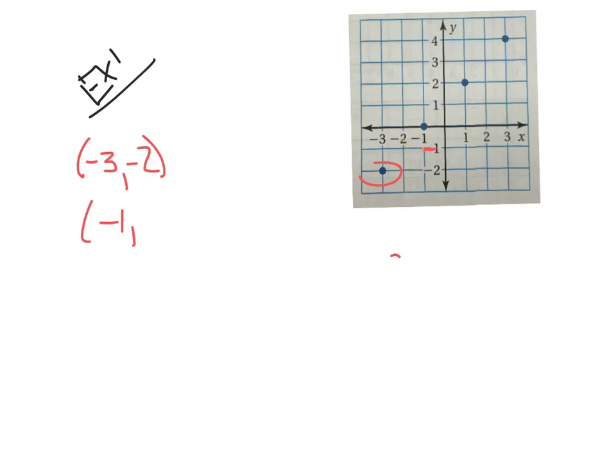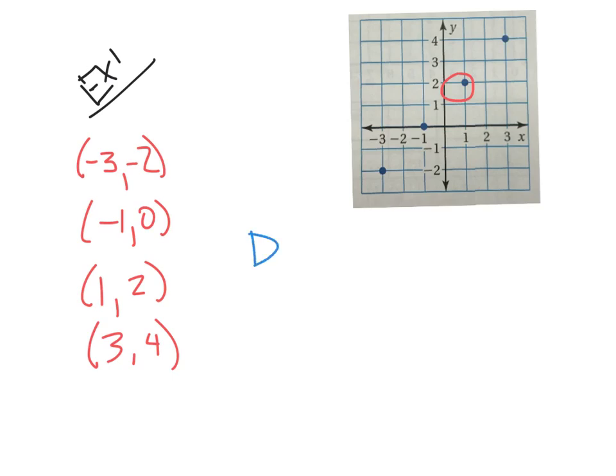Yeah, sorry, I kind of drew over it. Y would be 0. Okay, the next point, Sean, give me x. 1. Kim, give me y. 2. Good. And the last point, Sophia, give me both. X is? 3. And y is? 4. Very good.